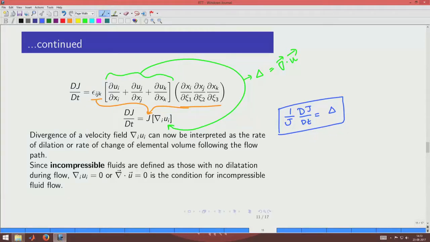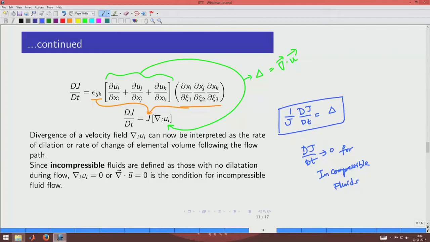If delta is 0, it also means that dJ by dt is 0 for incompressible fluids. So, we have one more definition: if the Jacobian of transformation from spatial to advected coordinates does not change with time, then that is an incompressible fluid. So, there are multiple ways of defining the same thing.